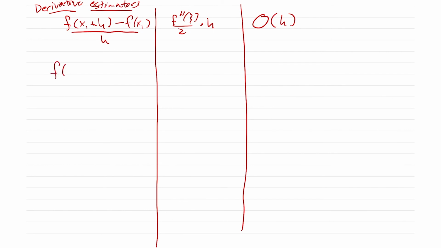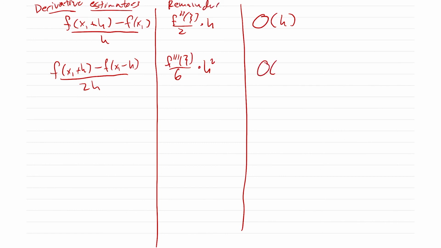Then we saw that we had f of x1 plus h minus f of x1 minus h divided by 2h. And this we saw is f triple prime xc divided by 6 times h squared. So this is, say, the remainder, and this is big O of h squared. We'll just put everything in absolute values so we don't have to worry about signs.